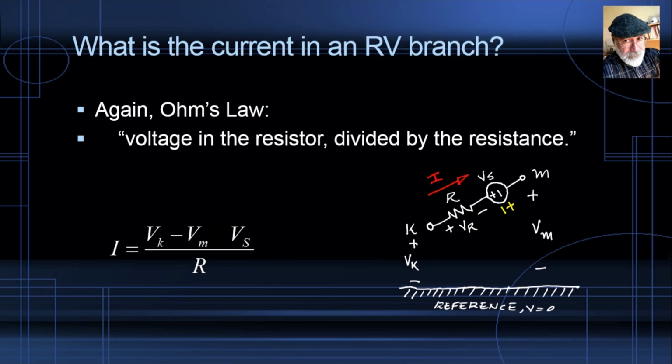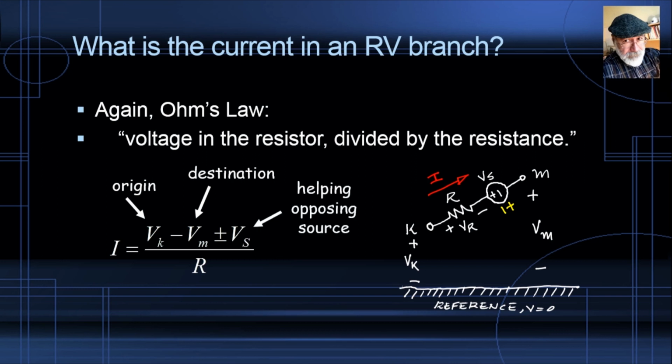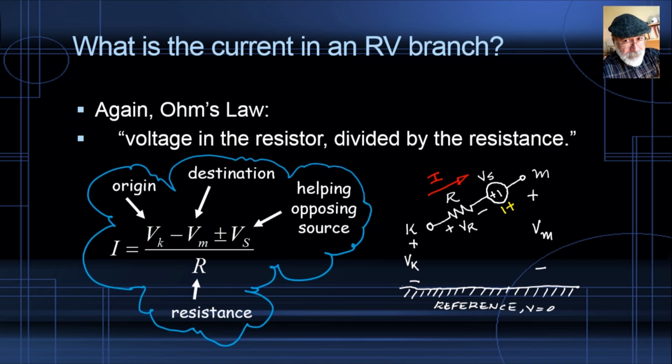So, in general, the current through an RV branch is the voltage of the origin that we chose, minus the voltage of the destination, plus or minus the value of the source, depending on what? Depending on whether that source is helping or opposing the direction of the current that you and I chose to draw on that branch, divided by the resistance in the branch.